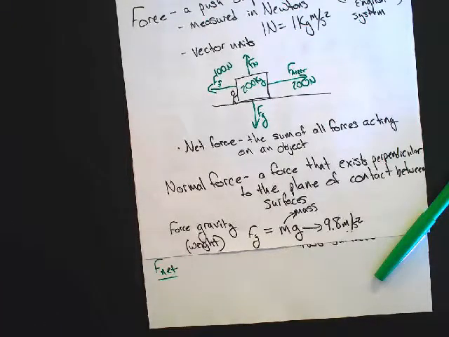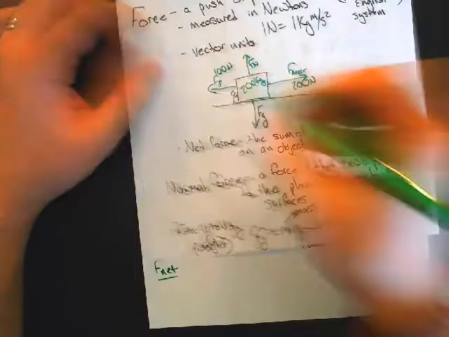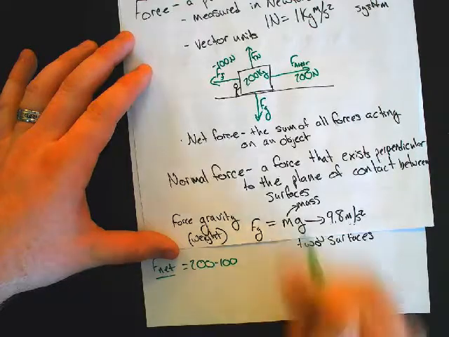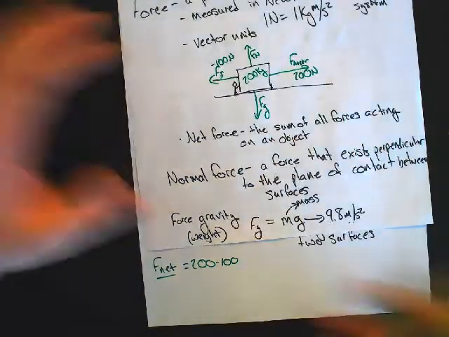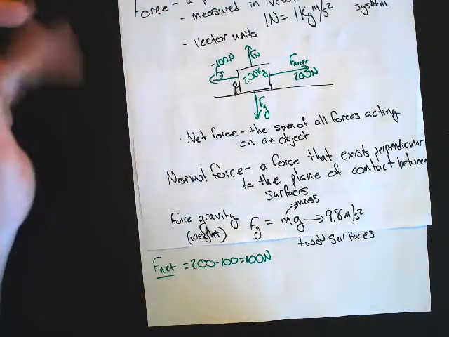And when we have a unit that's a vector, direction matters. Opposite directions can be picked out, recognizing that one is negative. Which one do you want to make negative? Sure. So negative 100. So the net force is equal to 200 minus 100, or plus negative 100, same deal. So the net force is 100 newtons acting on this object.